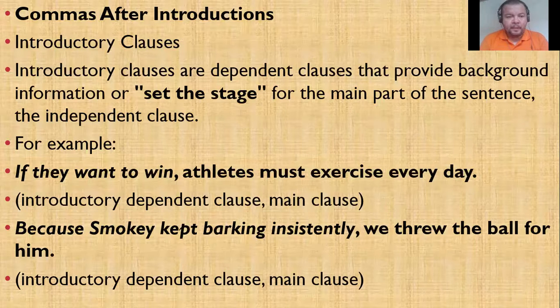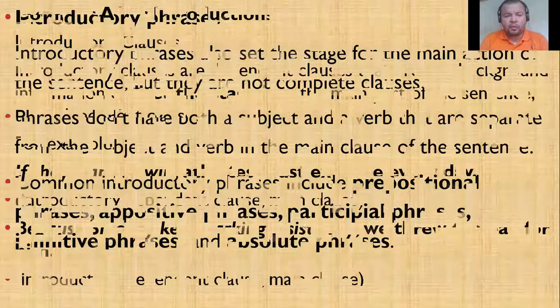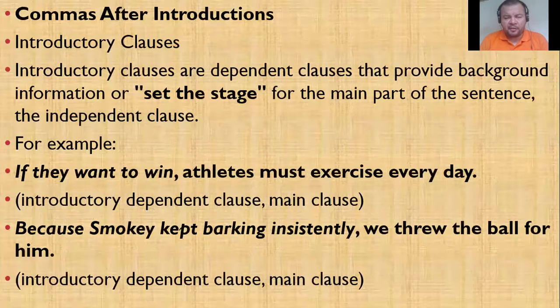For example, if they want to win, athletes must exercise every day. The introductory dependent clause comes before the main clause. In this case, what do you think is the introductory clause of the sentence? If you said, if they want to win, that's right. That is the introductory clause.